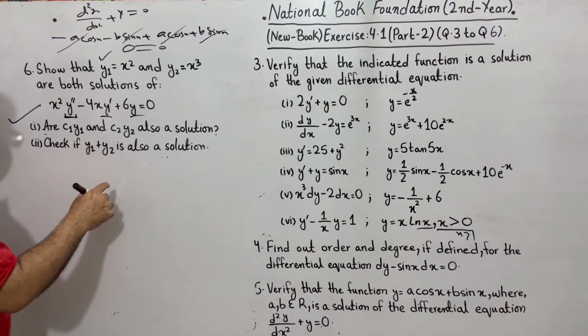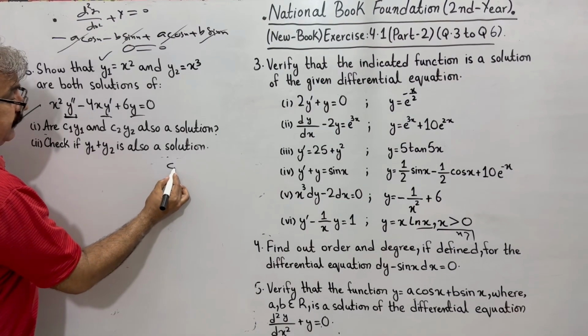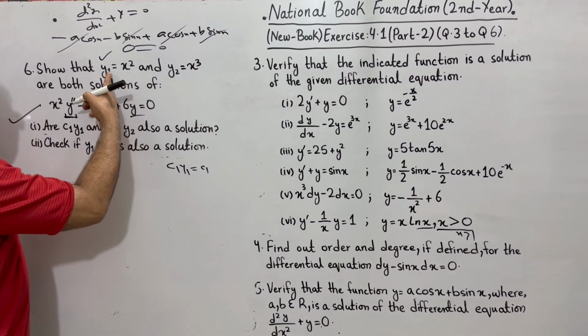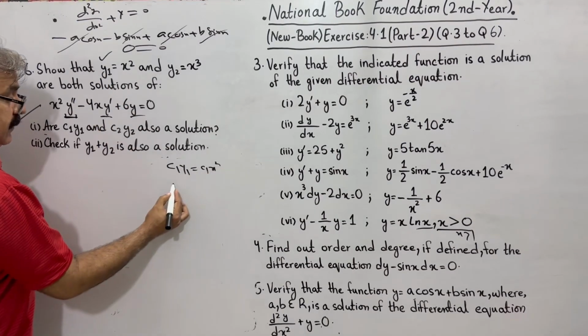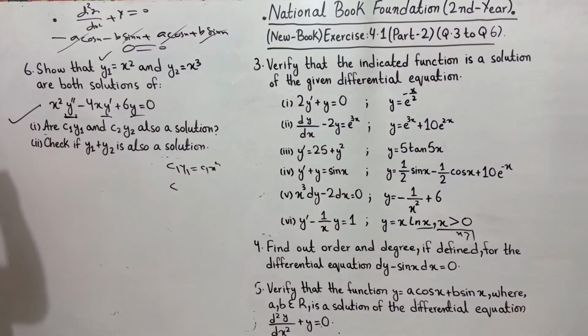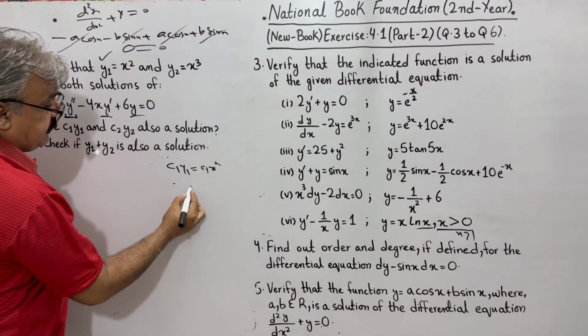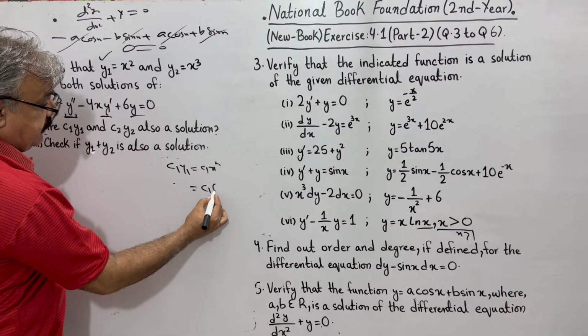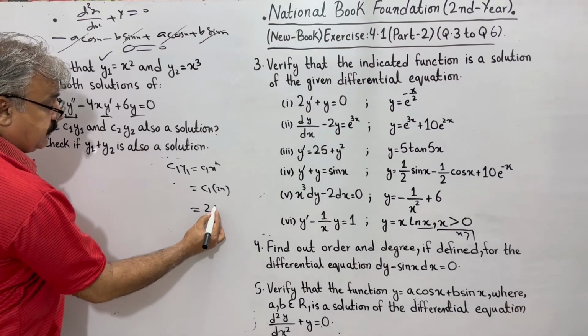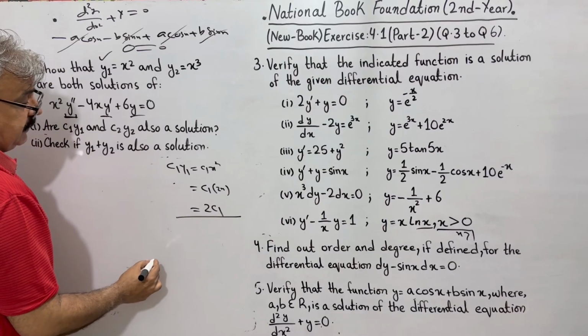We have to check. C1 y1 is given by C1 x square. Differentiating 1 time, it is C1 times 2x. Differentiating another time, 2C1.